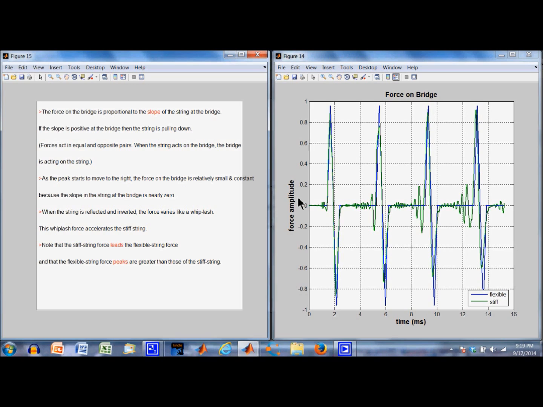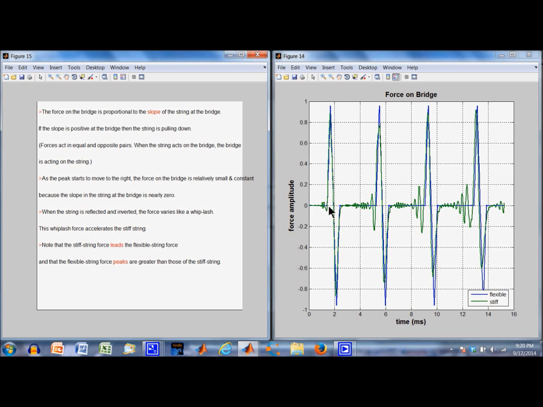The force on the bridge is proportional to the slope of the string. If the string is flat, as it is initially, there is no force. If the string has a slope that's negative, then we're pulling up on the string. If the slope is positive, then we're pulling down. You can see initially over here, both the flexible and the stiff string have basically zero force on the bridge because they're both flat.